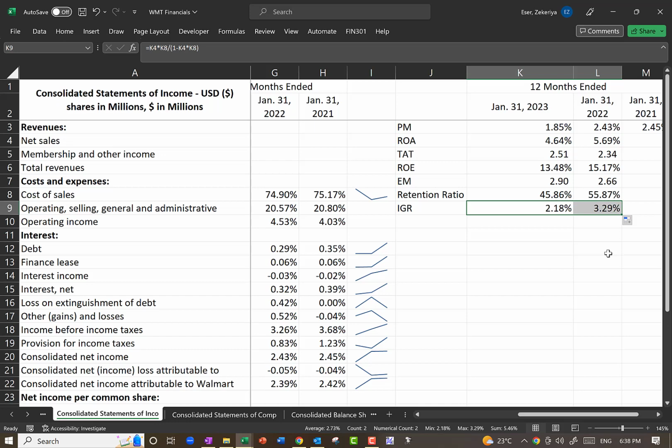So max Walmart can grow if they were to use only internal resources, no external resources of any kind. They're not going to borrow or raise equity of any kind. They should expect a growth of about 2 to 3% next year. Why? They're not keeping much of their earnings.